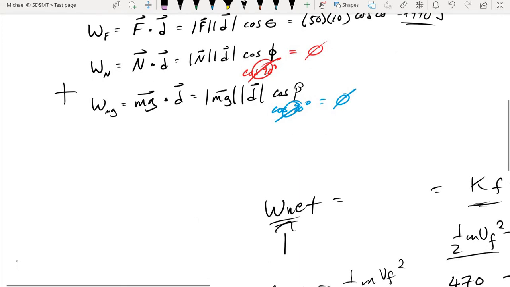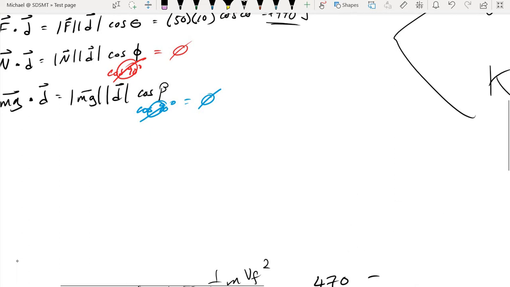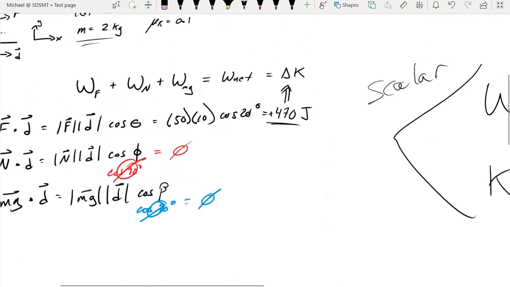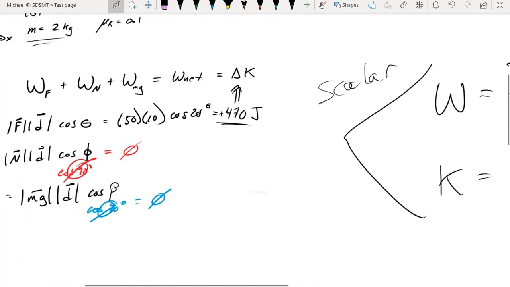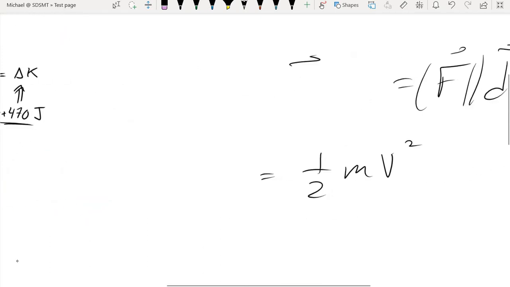So I'm going to get rid of all the stuff down here because we're going to have to add the contribution of friction to our problem.